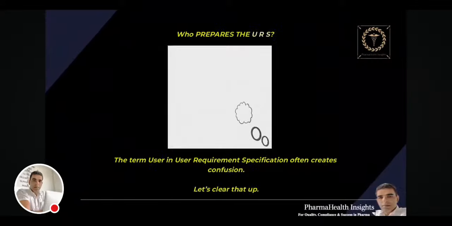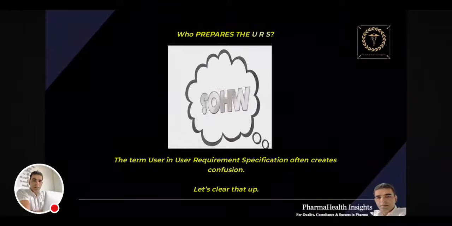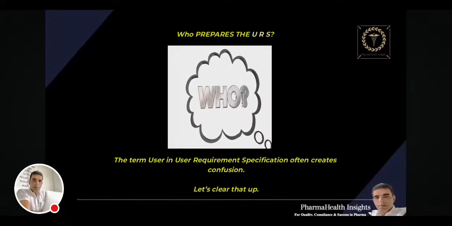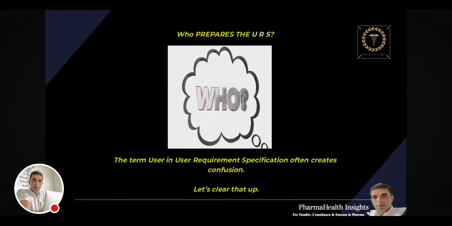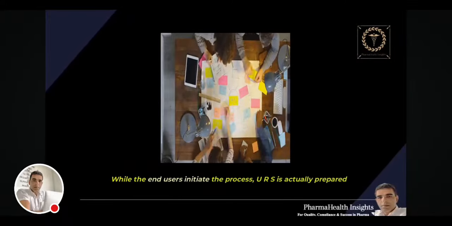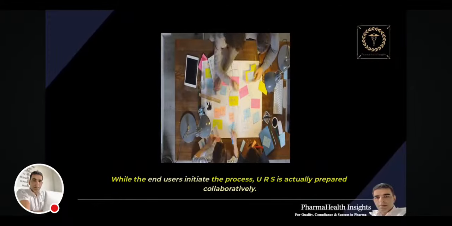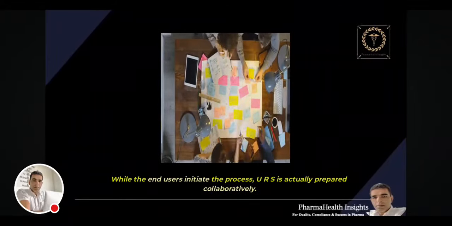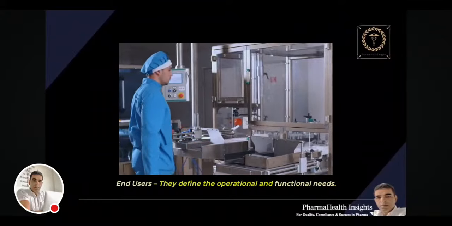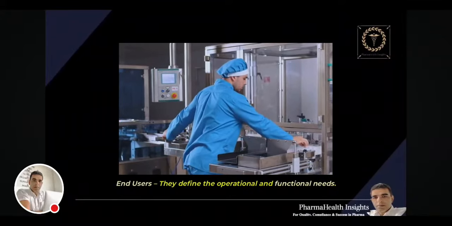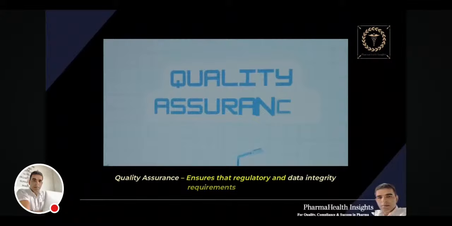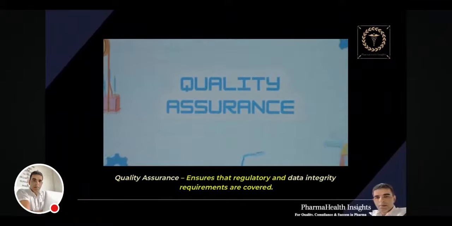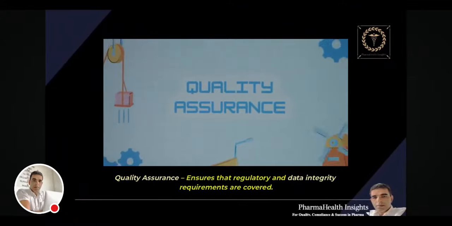Who prepares the URS? The term user in User Requirement Specification often creates confusion. Let's clear that up. While the end users initiate the process, URS is actually prepared collaboratively. End users, they define the operational and functional needs. Quality assurance ensures that regulatory and data integrity requirements are covered.